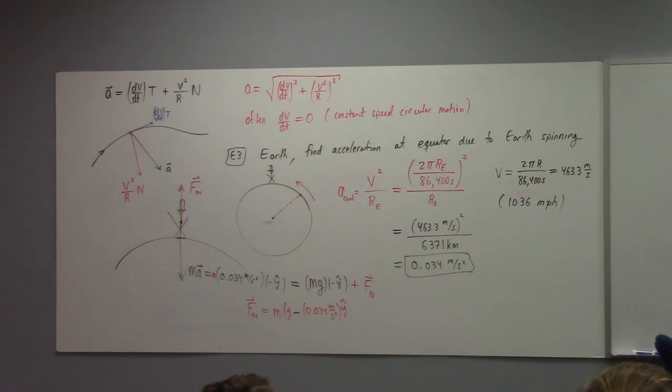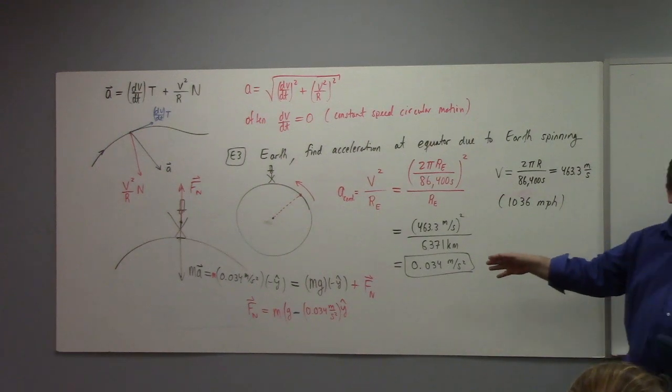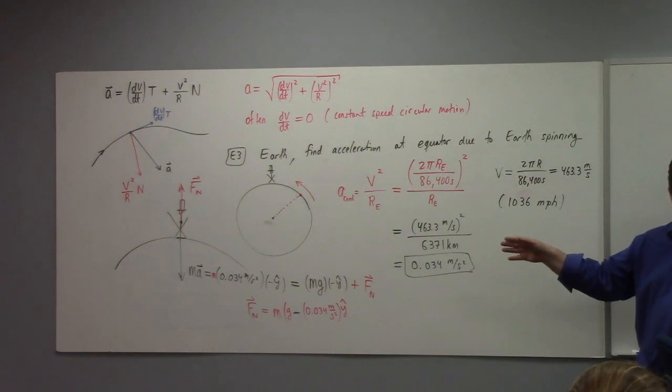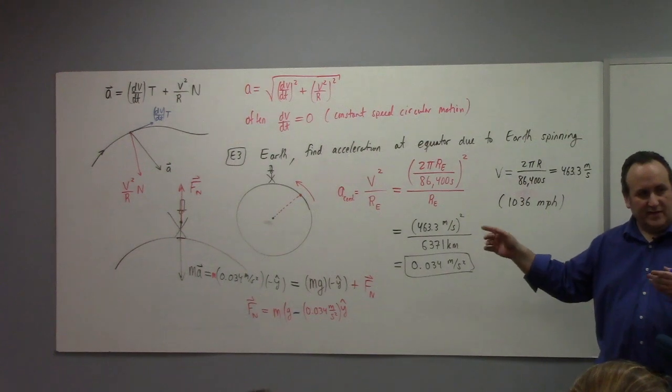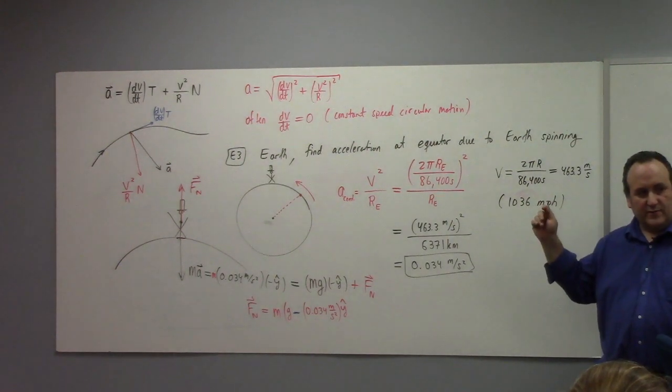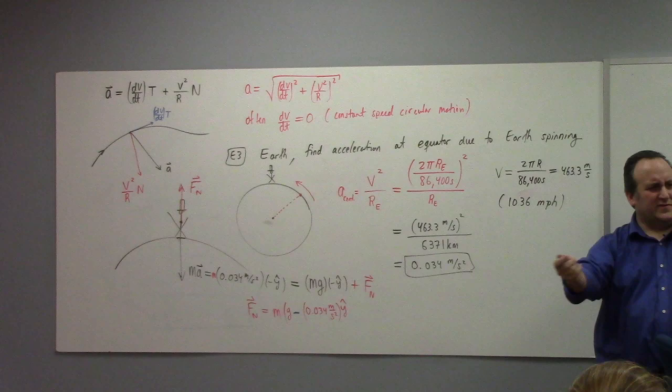Because while you are spinning around, you're not really feeling it because it takes you a whole day to rotate, right? The reason that you can even calculate this, and I don't know if you could feel that or not, is that it's a day in which you're going... how long is the circumference of the Earth at the equator?